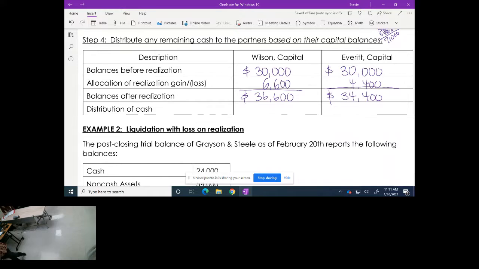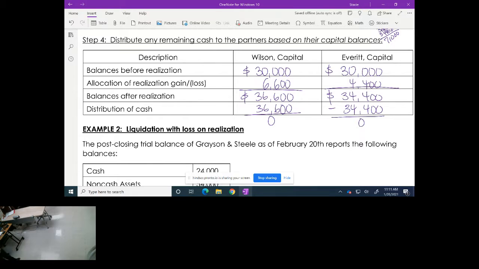What did I tell y'all in the notes? It's going to be based on the capital. It's based on their capital balances because that's their equity, and we want to zero these out. They're getting paid their equity, and ultimately we want to wind up with a zero balance.